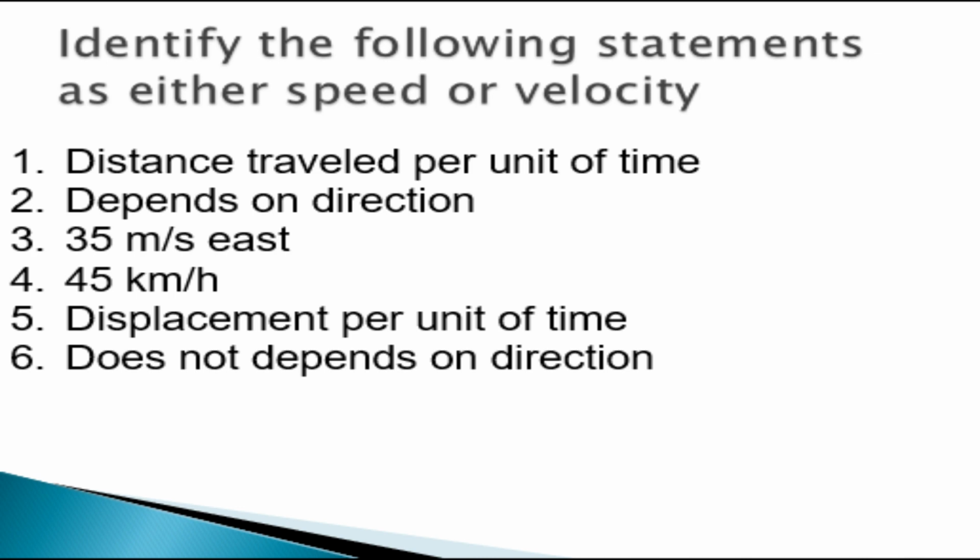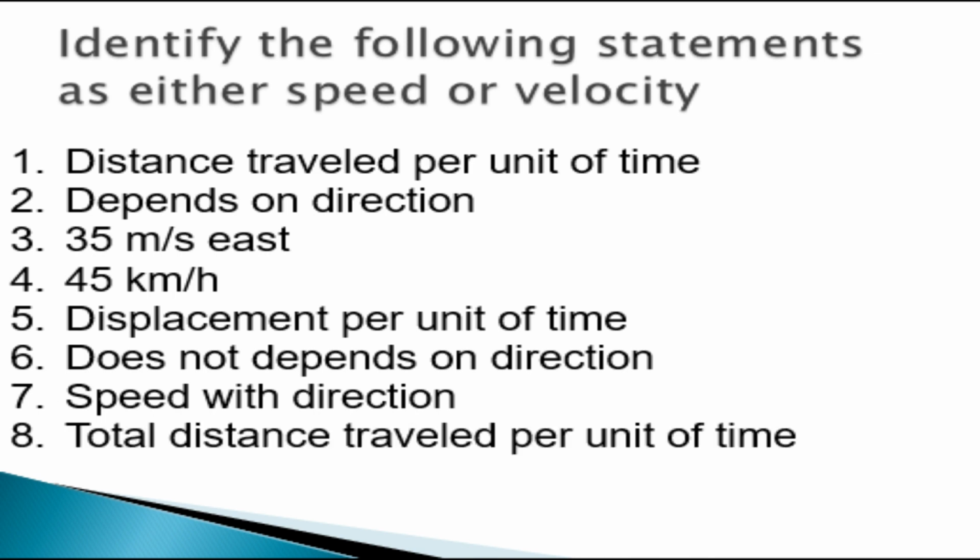Number 6, does not depend on direction. Number 7, speed with direction. Number 8, total distance traveled per unit of time. Number 9, S is equal to D over T. And number 10, V is equal to D over T.